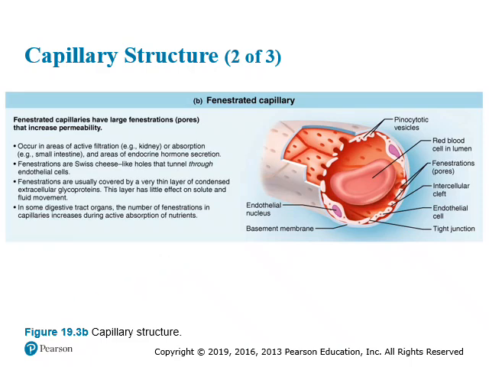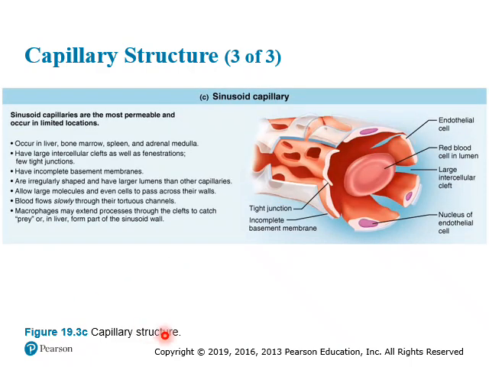Let's take a look at the last capillary, which is, I told you, the ugly looking sinusoidal capillary. Why do we have such a capillary that looks like it's dilapidated, like it's already falling apart?